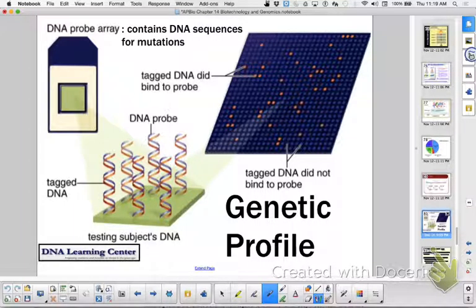But let me tell you what this marker is. It only contains mutated genes, diseased genes. If any of her DNA is complementary to the DNA that's on there, what does that mean? She's going to get that disease probably. Do you see that? She's going to get that disease because it binds to it, and it lights up. So let's see that right here.